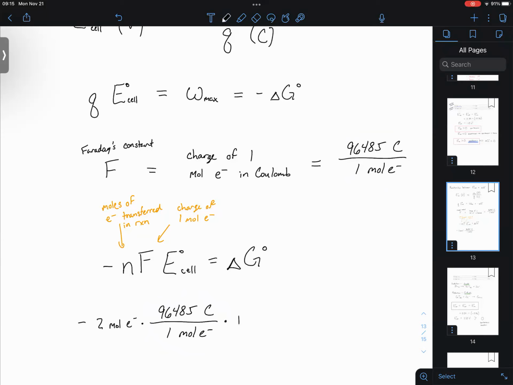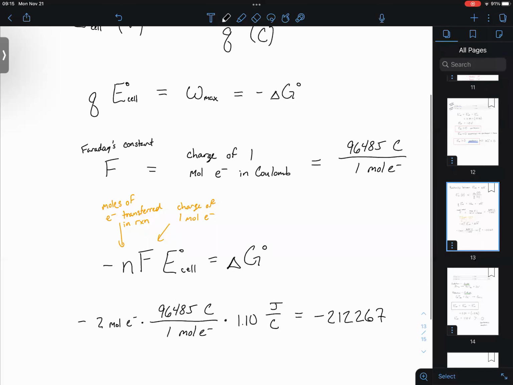And then we have that 1.10 volts, but remember what's a volt? It's a joule per coulomb. So multiplying all that together, I get negative 212.267.